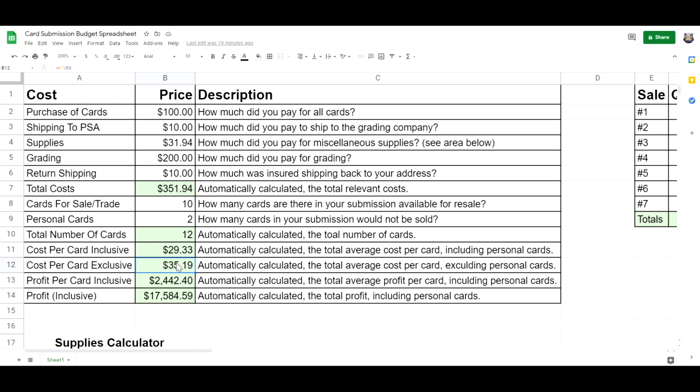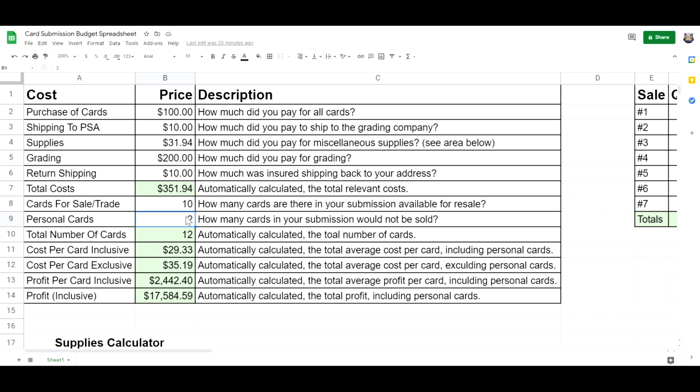But what I have found, and this is just me personally now, is that that is an excellent way of making sure that you're always covering your own expenses. Put a different way, if you use this number, the cost per card exclusive of any personal cards, it's really an excellent way of making sure that, if you decide to keep a few of these cards, it's not going to cost you an arm and a leg, because built into the cost that you see here in the exclusive figure is the fact that your 2 personal cards are free of charge to you.